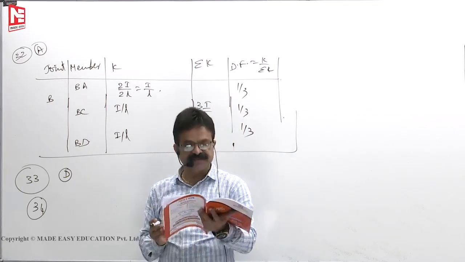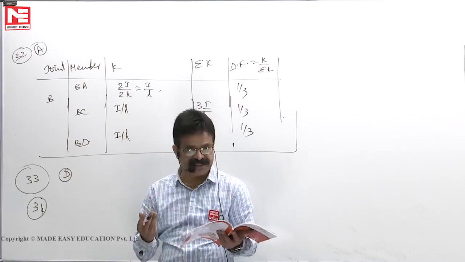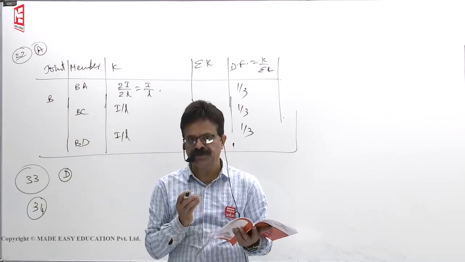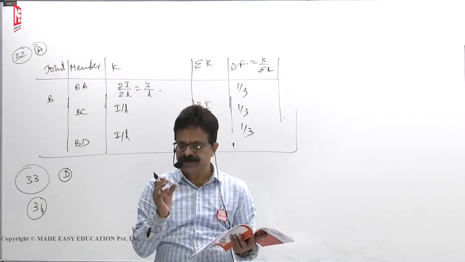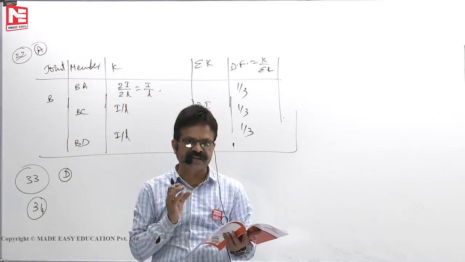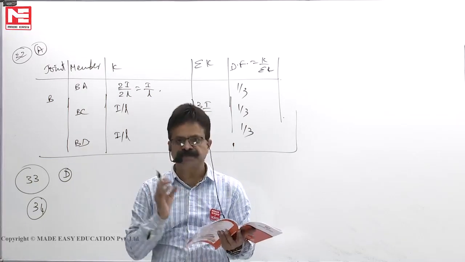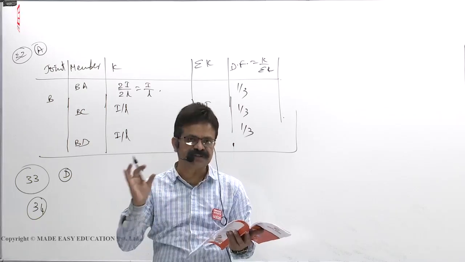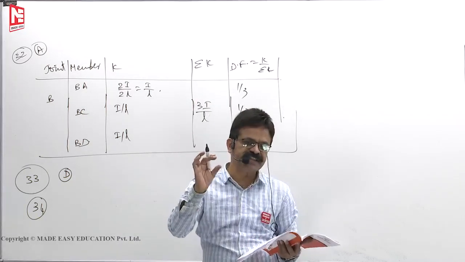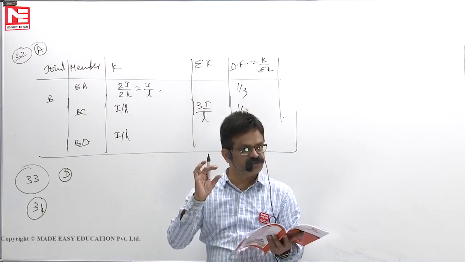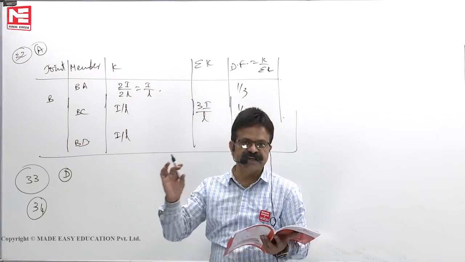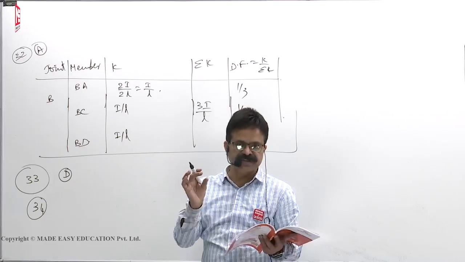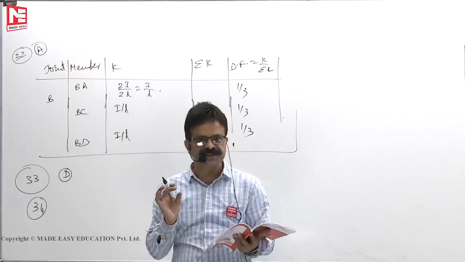Minimum potential energy means the principle of minimum strain energy. Minimum strain energy comes from Castigliano's theorem 2, a special case of Castigliano's theorem 2. We call it minimum potential energy; we use ∂U by ∂X equal to 0. When you are differentiating strain energy with respect to force, you get the displacement, you get 0. That means ∂U by ∂X equal to 0 is a compatibility condition.